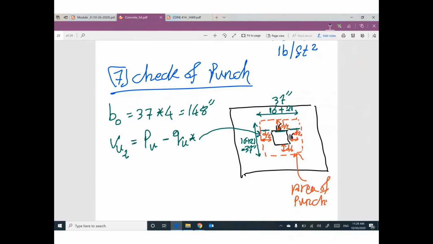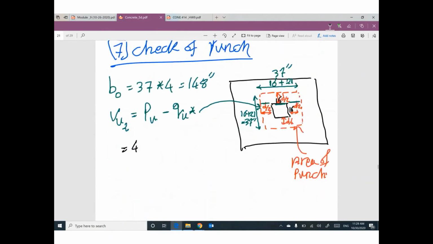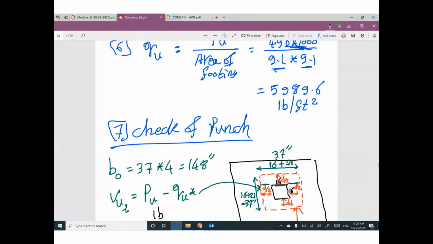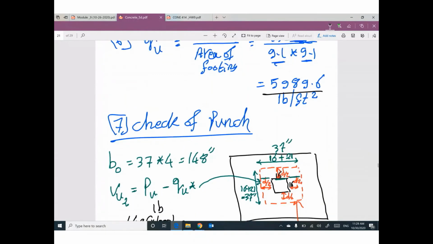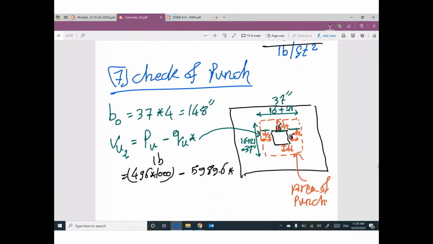P ultimate is 496 times 1000 to be in pounds, minus Q ultimate, which you just calculated, 5,989.6, times the value of this area, 37 times 37. This length times this length.